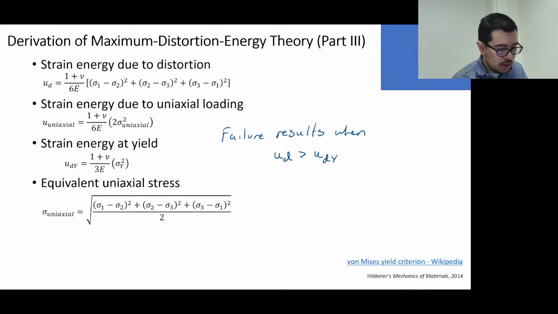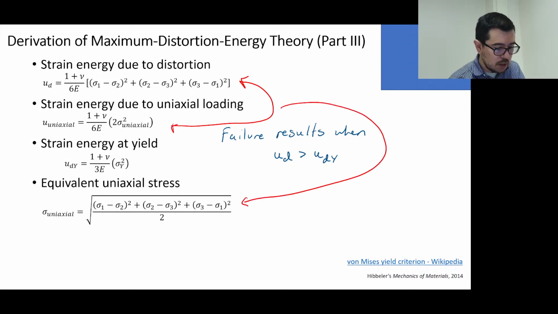Essentially, it's actually this equation and this equation that comes out to this equation down here. This is the equivalent uniaxial stress. There's a uniaxial stress right here, and I set this equal to this.